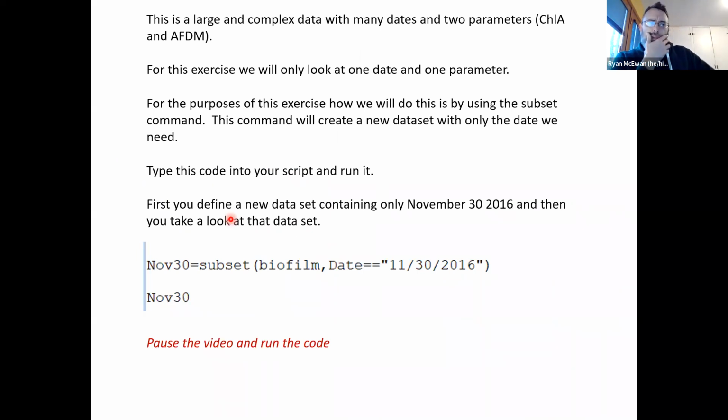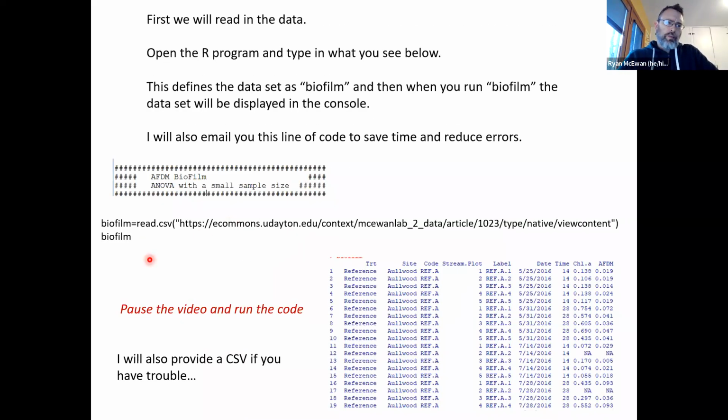Okay, if you open up the data set, which you should always do, and take a look, this is what we always do. Once the data are read in, or else if you just use that import, there's a tab at the top you can look at it. And I think you should always just type the name of the data set, highlight it, and run. And then look in the console so you can see the data set like this.